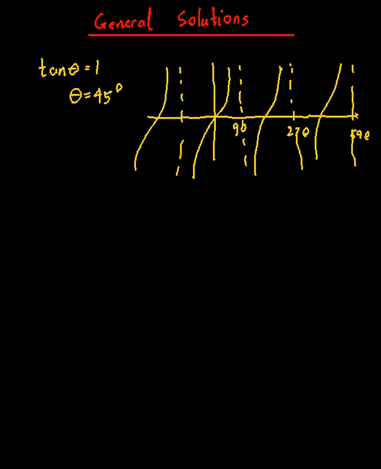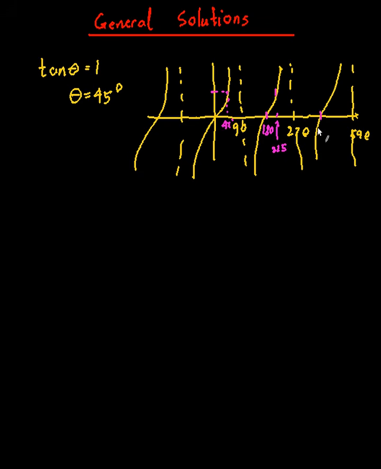But what we want is when tan theta is equal to 1. So the first solution is when it's 45. Sorry, so this is 90. So this position over here is 180, so it'll be 180 plus 45, which is going to be 225. Okay, so I'll just try and squeeze that in there, 225.